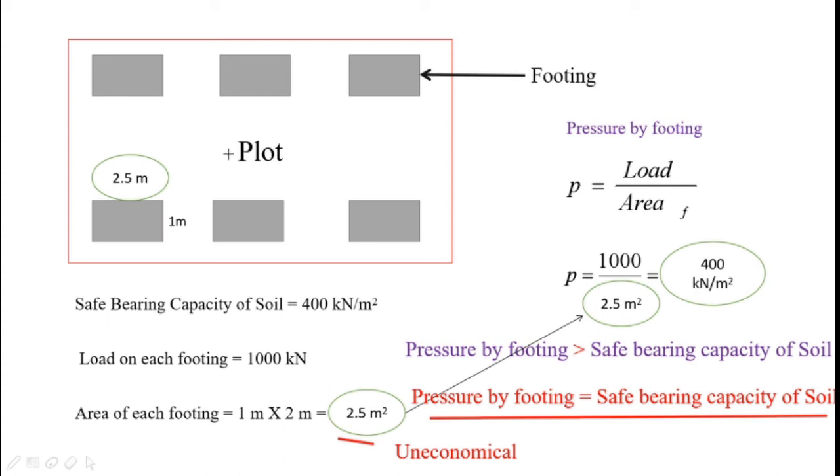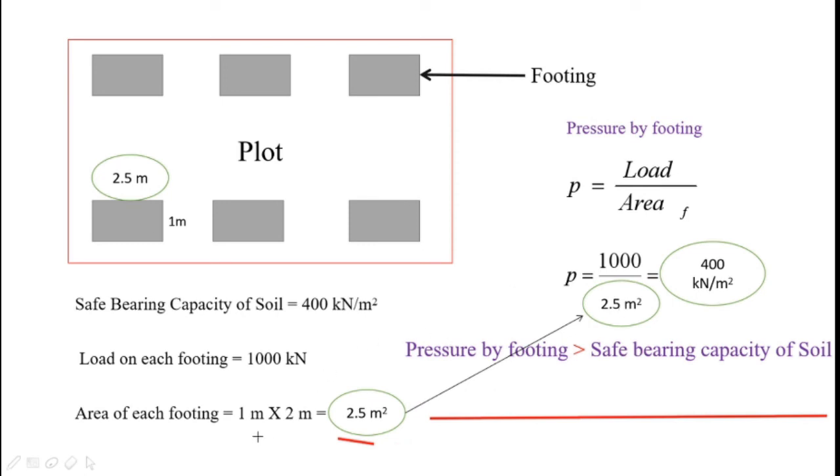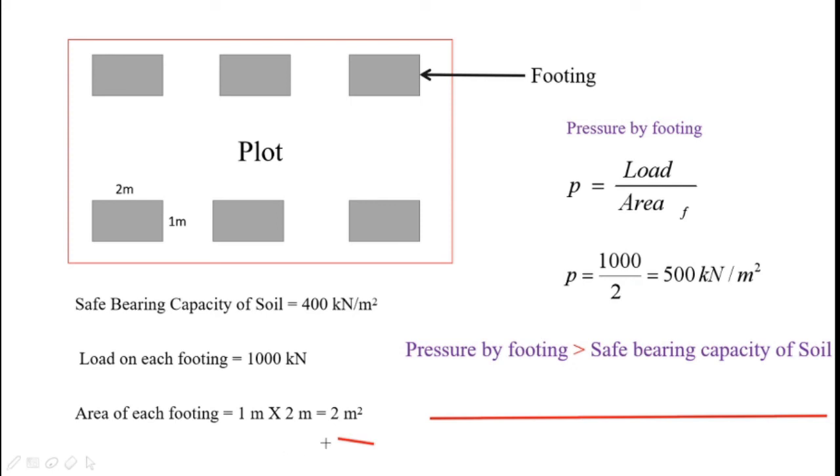In the earlier case, your area was 2 meter square, and in this case when you provide an area of 2.5 meter square, the total area of the footing increases by 25%.